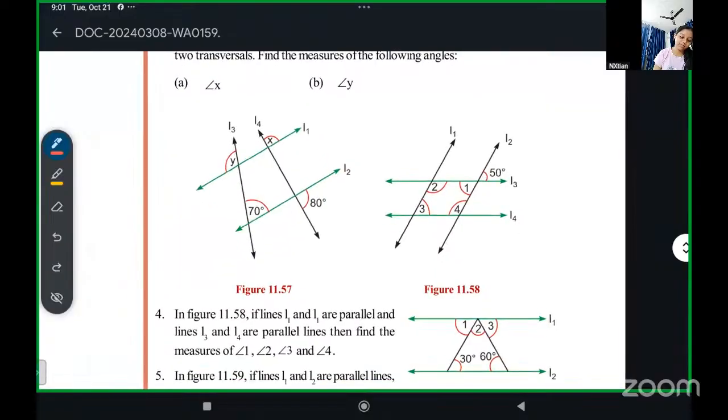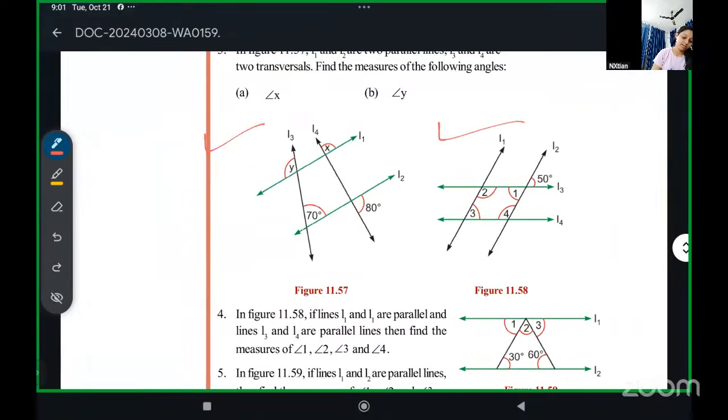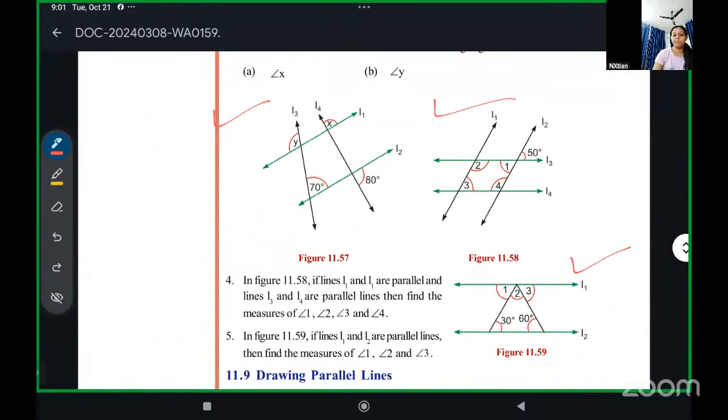If you can see these questions, where you have to calculate x, y, z, the missing angles. This is the tricky and important part. I want you to practice these questions.